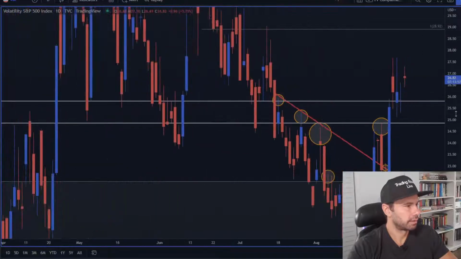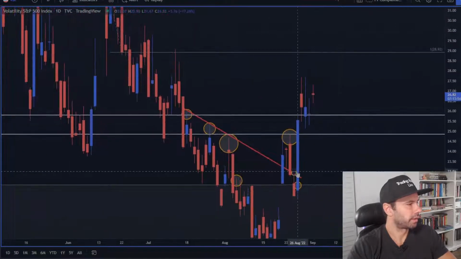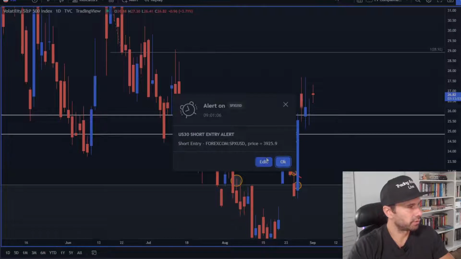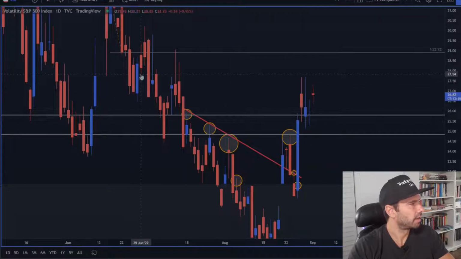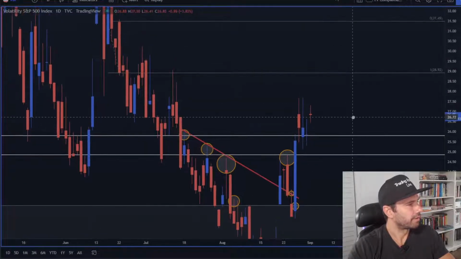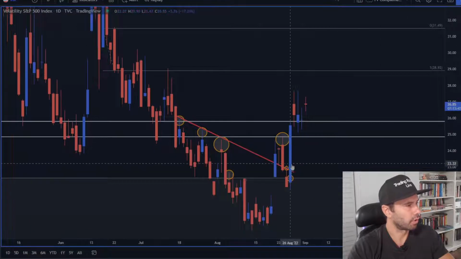Same thing. We were expecting this thing to come back to this pivot, but it didn't start a continuation to the upside. Now, we haven't had any sort of explosion other than last Friday, right?